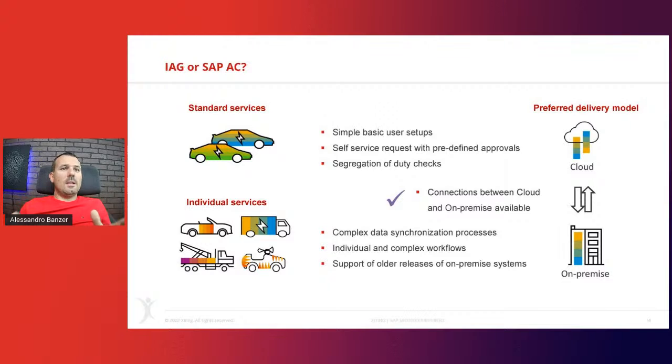Might be all you need, then that's perfectly fine. If not, if you have complex processes, then we're probably more looking into a bridge scenario, to have the flexibility and the complexity as you have it today, also for the cloud. And that's, I think, at the moment, the best possible approach: to go with an IAG bridge if you have both. So again, not necessarily replacing one another, it technically and theoretically can, but mostly it's a combination of both that customers will entertain.